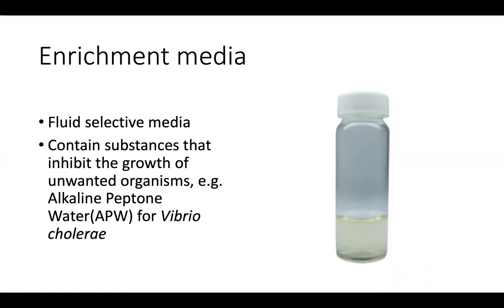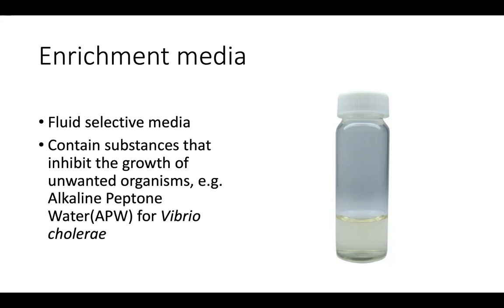Do I have an outbreak of cholera in this population? Enrichment media contains substances that inhibit the growth of unwanted organisms. An example of an enrichment medium is alkaline peptone water, which is the enrichment medium for growth of Vibrio cholerae, the causative agent of cholera.